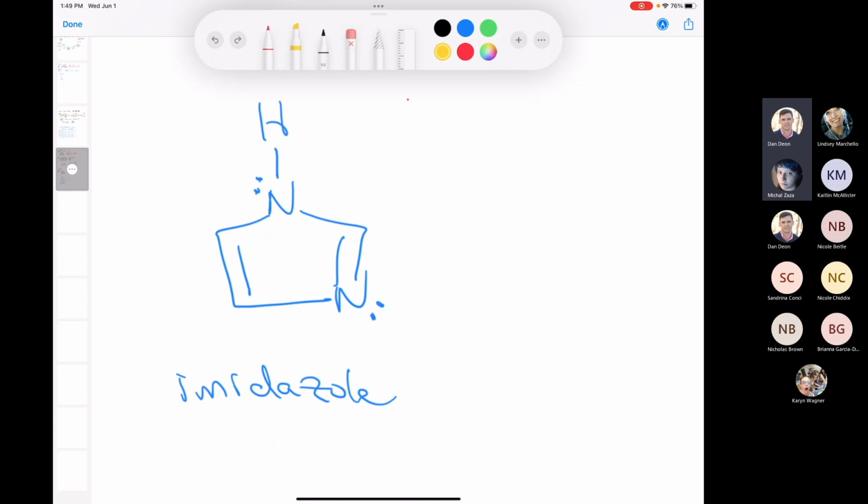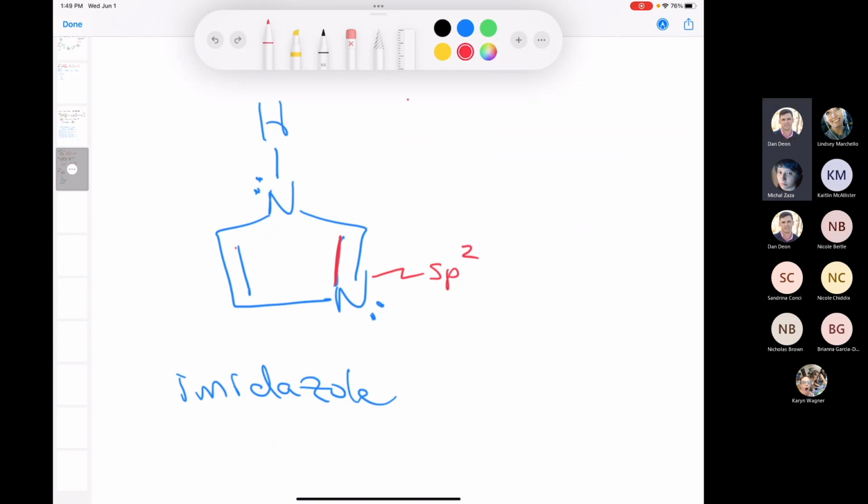this nitrogen has 3 regions of electron density around it. It's got a double bond, a single bond, and a lone pair. Therefore, it must be sp2 hybridized, but it already has a pi bond in it. And so there is a p orbital that has an electron that's overlapping with this p orbital over here. So therefore, this lone pair is in an sp2 orbital. It is not in a p orbital.